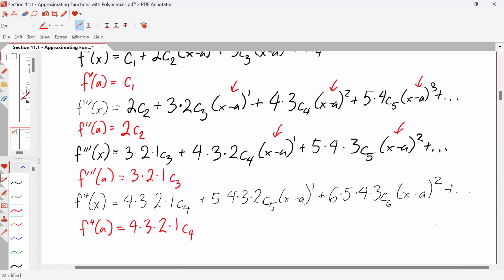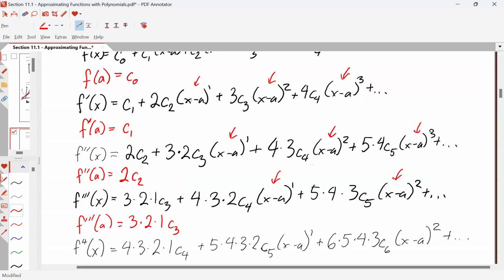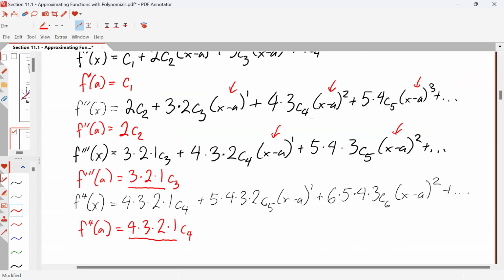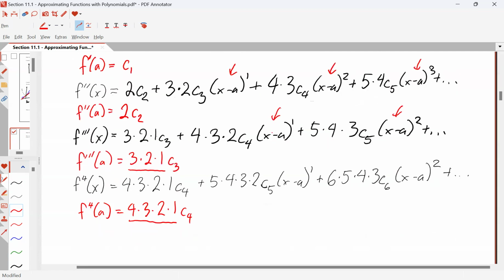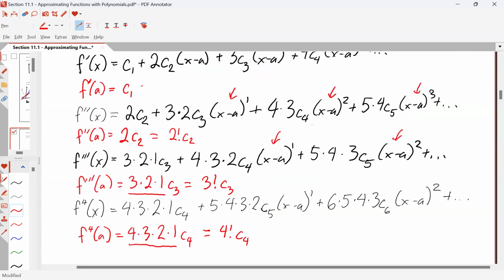You might be seeing this pattern of each time I'm multiplying by the next number up. There is a notation for multiplying consecutive whole numbers together, and that is the factorial notation. 4 times 3 times 2 times 1 is 4 factorial. 3 times 2 times 1 is 3 factorial. 2 times 1 is 2 factorial. 1 times 1 is 1 factorial.